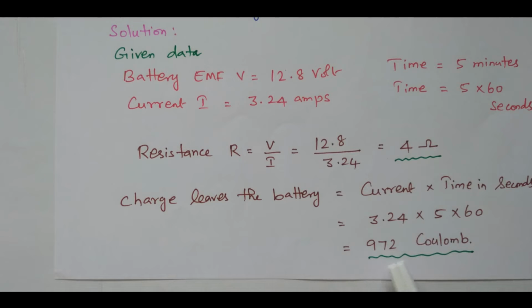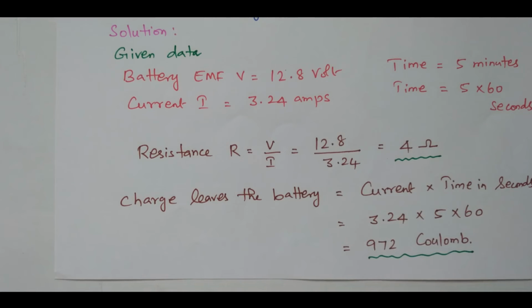So the charge leaving the battery in 5 minutes is 972 coulomb. In this problem, voltage, current and time are given. From that we calculated the resistance, voltage by current, and the charge using the formula current into time. That is 4 ohm and 972 coulomb.